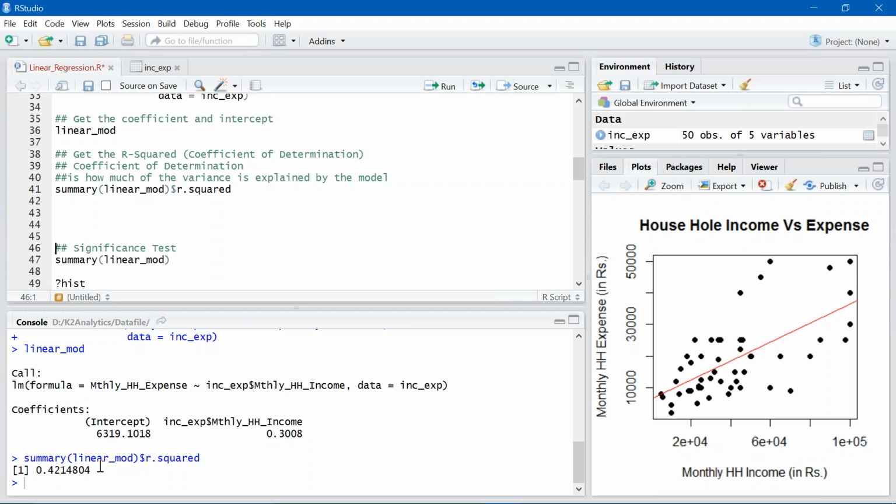It is quite possible y is a function of multiple variables, and that's the reason why we require multiple linear regression. Many of the problems cannot simply be solved by a simple linear regression. So let's try solving this model using multiple linear regression.